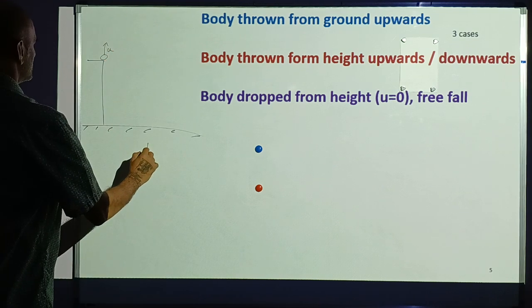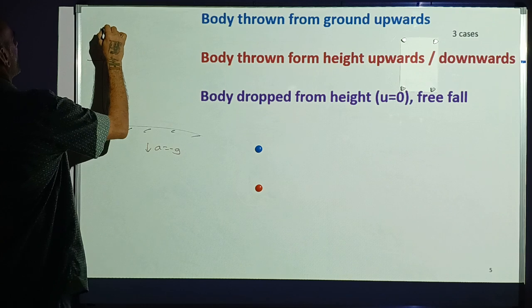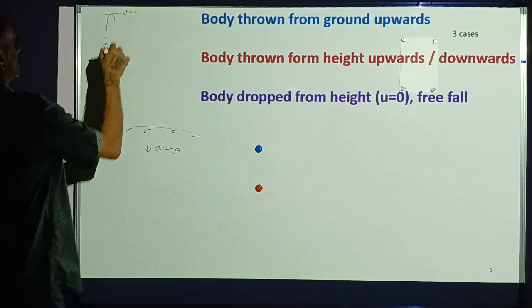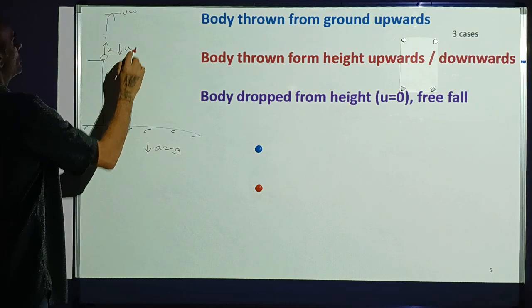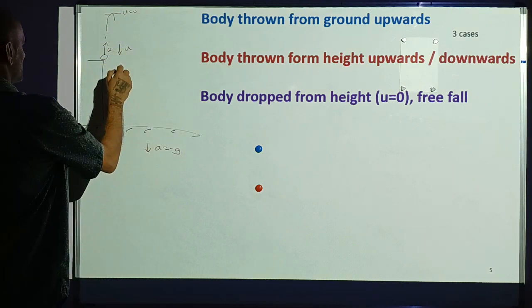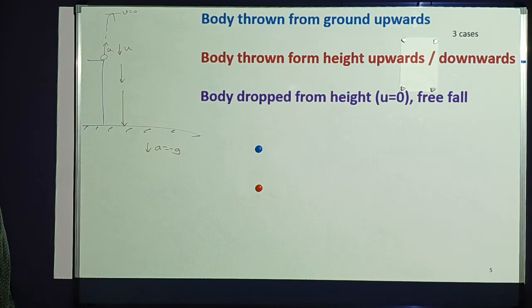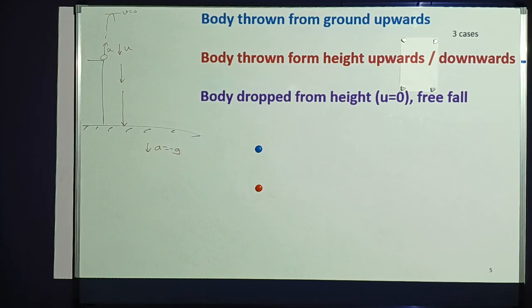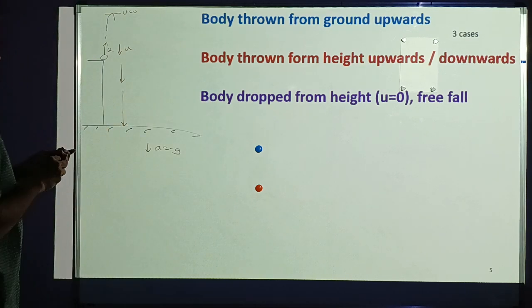Since the Earth's gravity is pulling it down, the velocity will keep on decreasing until it becomes 0 at the topmost point, and then the velocity will keep on increasing. When it reaches the same level, the velocity will be u, but in the opposite direction. Here, the velocity will increase further, and the velocity will be maximum when it touches the ground. So in the downward motion, the velocity will keep on increasing because the acceleration is supporting the motion. So here, this is thrown upwards from height.